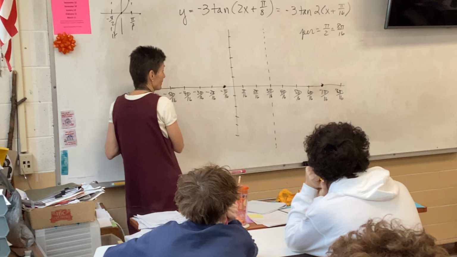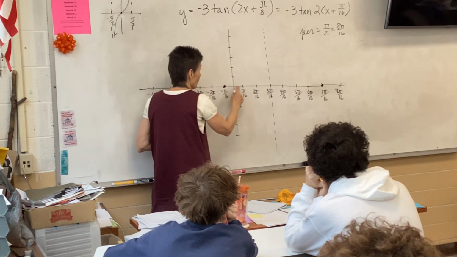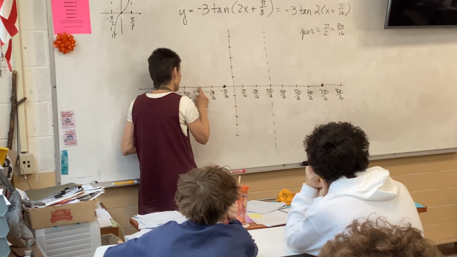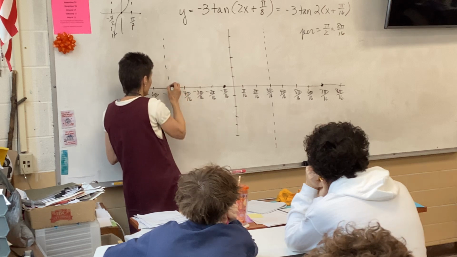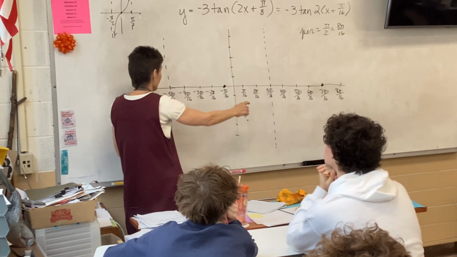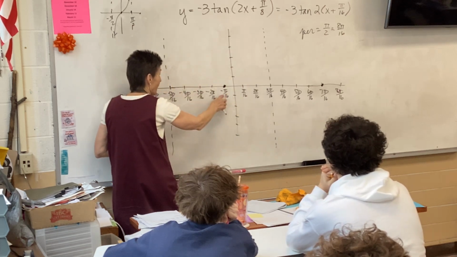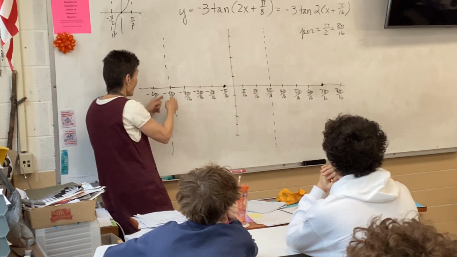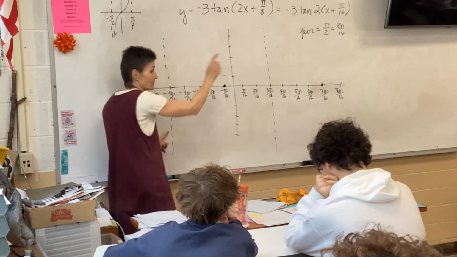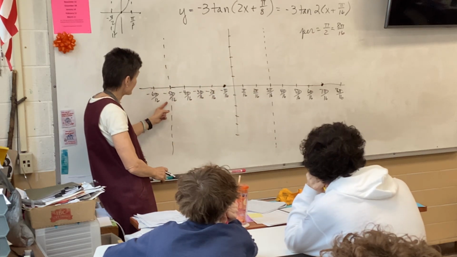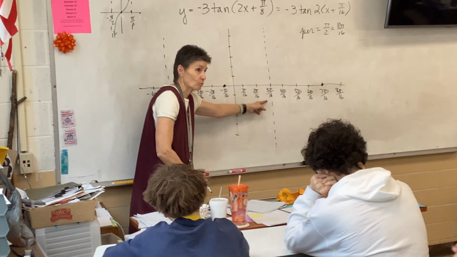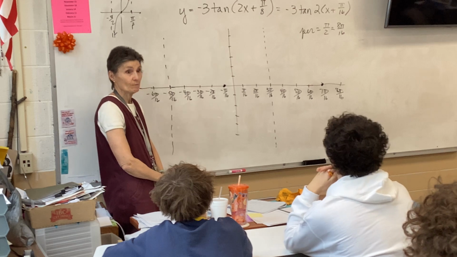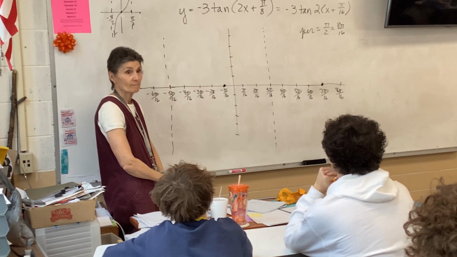And since I don't have another dot back here, that's 1, 2, 3, 4. So 1, 2, 3, 4. There'll be one back here at -5 pi over 16. Remember, dot to dot is half a pi. Asymptote to asymptote is half a pi. So does -5 and 3 make sense to you for my asymptotes?